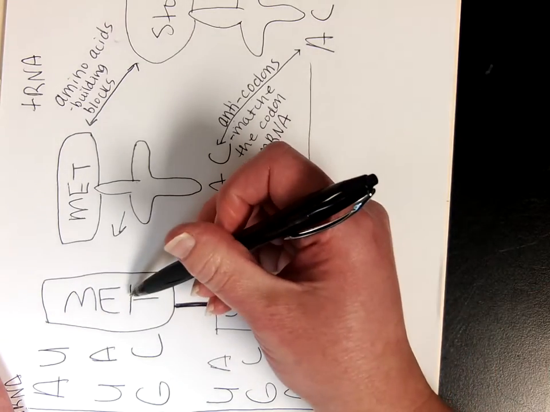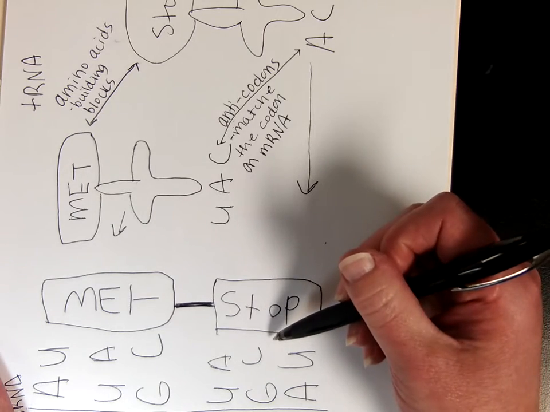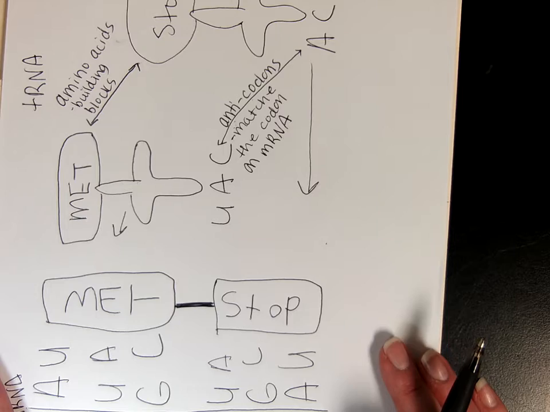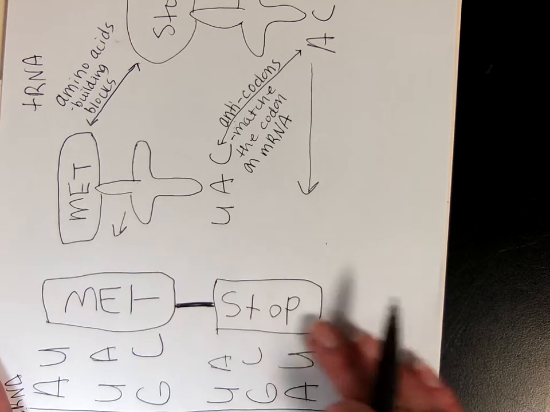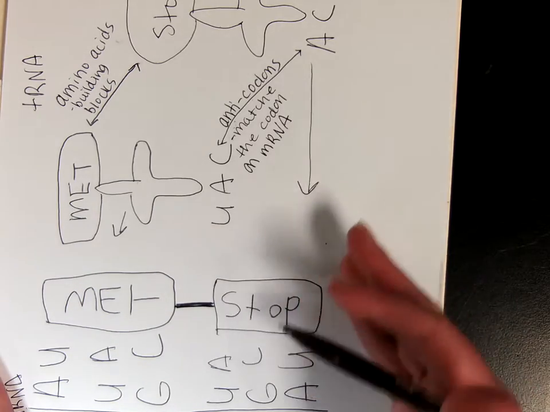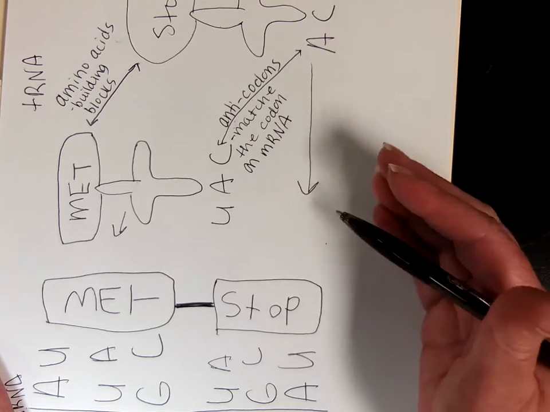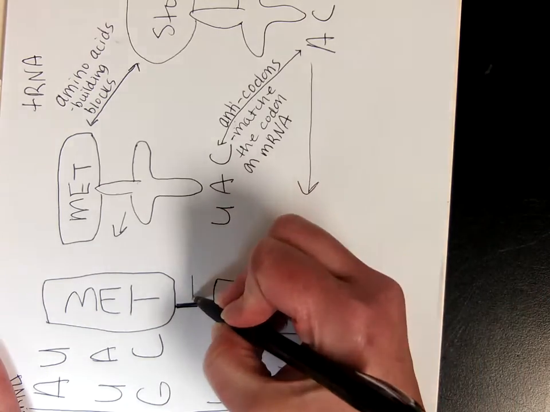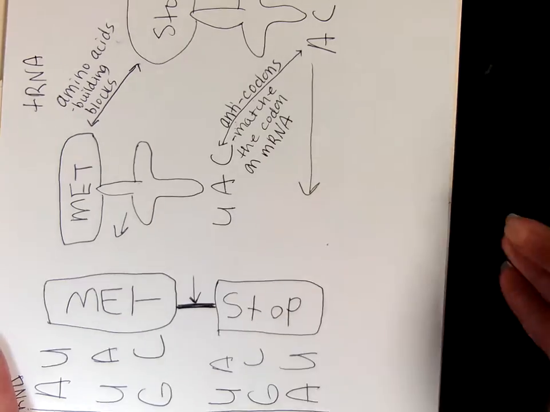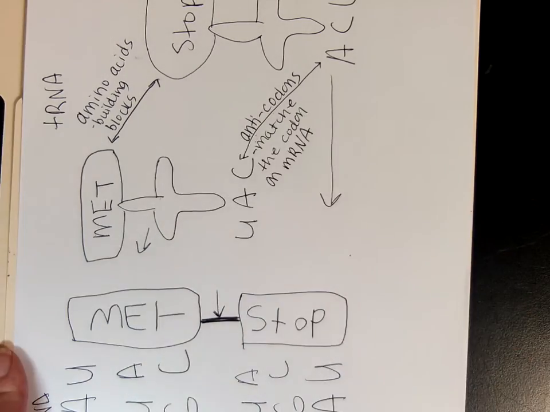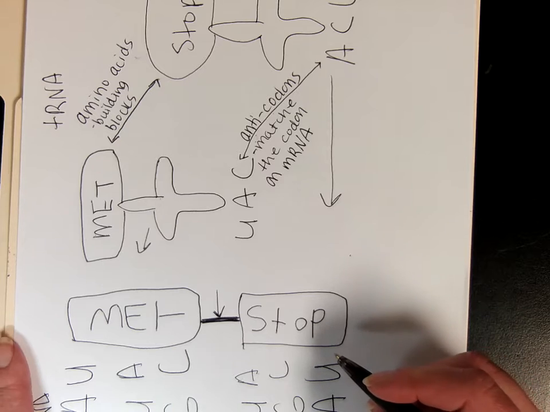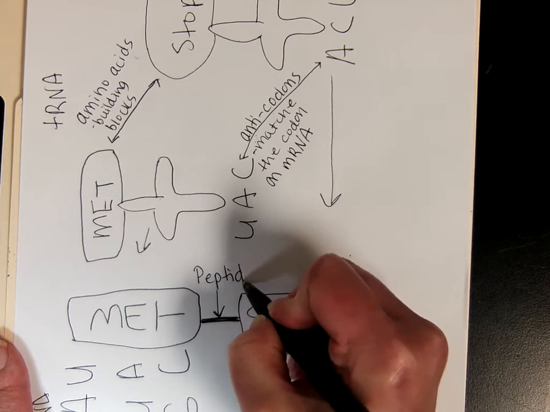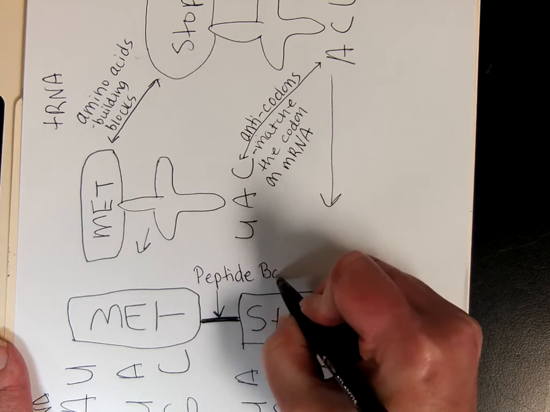So my methionine is going to be connected to my stop codon here, or however many amino acids there could be. Proteins can be very, very large. So we'll just take a look at what an end product could look like. But they're held together by bonds, of course, not Gorilla Glue or duct tape. They're held together by peptide bonds.